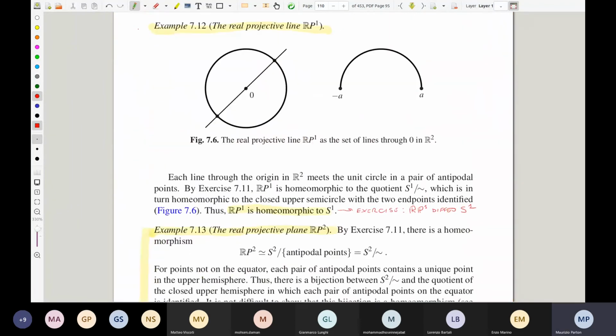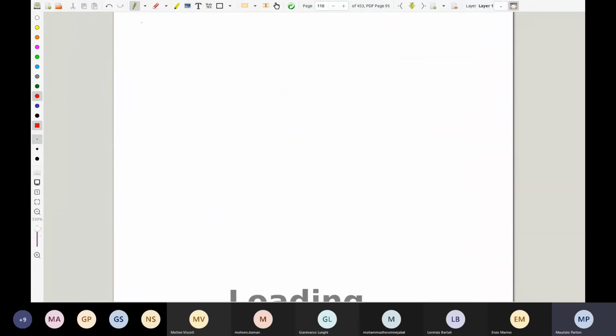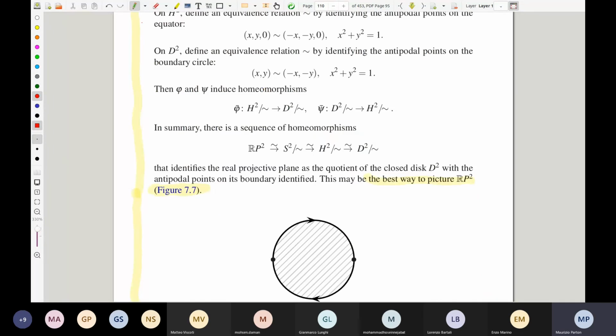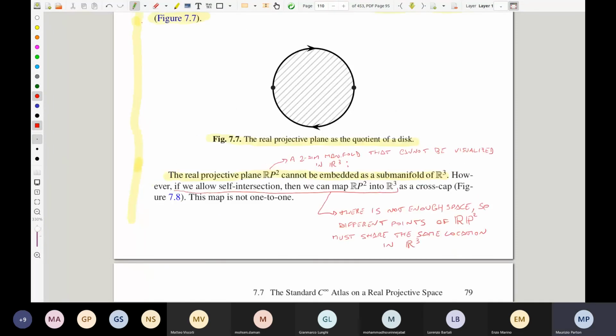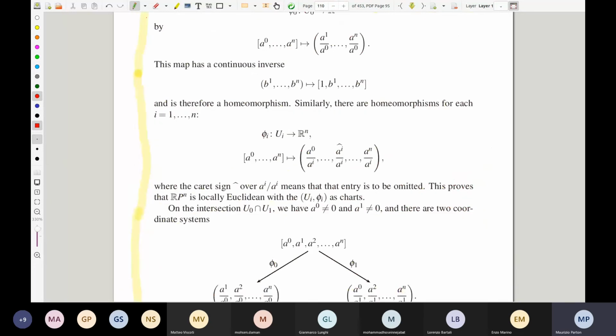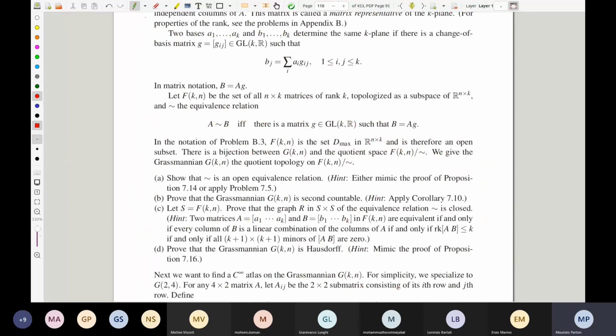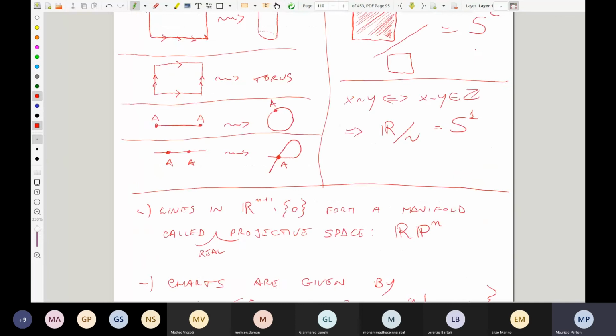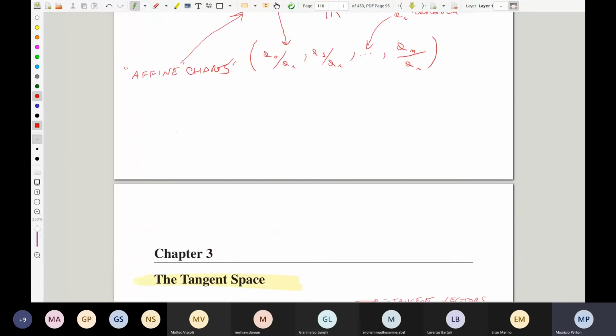So we will skip this, because I want to get to the tangent space. We need to define tangent vectors, okay? Now we have, you see, this is all on projective space and okay, tangent space.